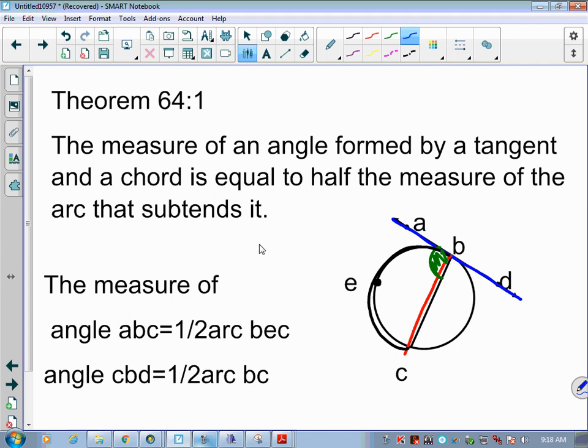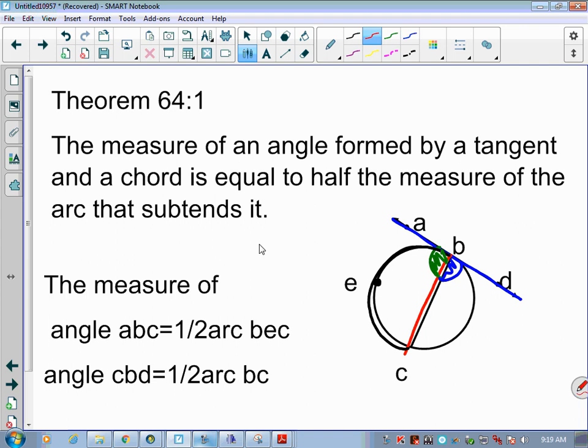And it's not just that side of it. We could look at this side over here. What is the arc that subtends angle CBD? Arc what? Arc CB.